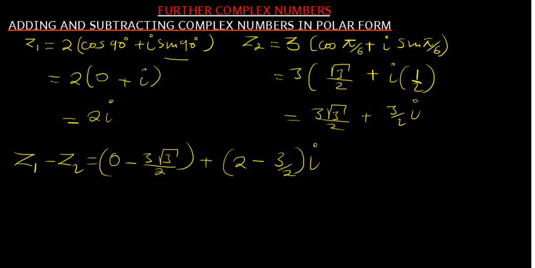The way we can also write this is 2i minus, now we are subtracting, 3 over 2 root 3 plus 3 over 2 i.